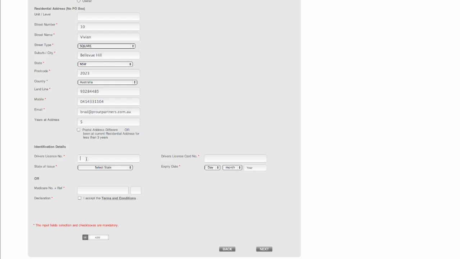Driver's license details, card number details, the state of issue, expiry date, they can view and then ultimately accept the terms and conditions of use and select next.